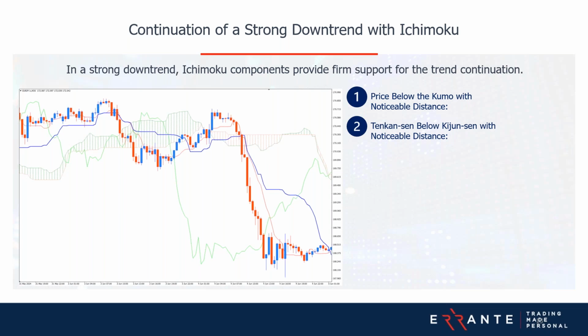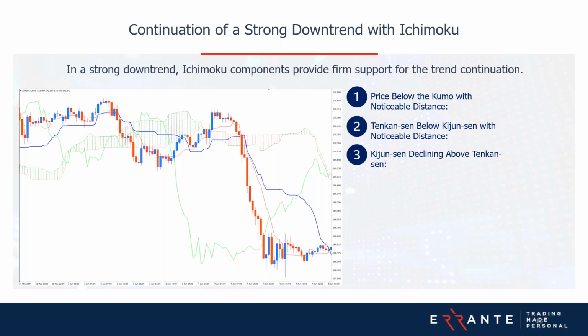And we know Tenkan-sen is more sensitive to recent price movement, and when it remains below the Kijun-sen, it indicates sustained bearish sentiment and strong downward pressure. And also Kijun-sen declining above Tenkan-sen.